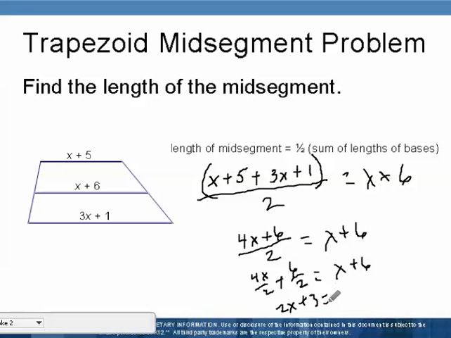And that's equal to x plus 6. I can subtract the x from both sides, and I'll get x plus 3 is equal to 6. And I can subtract the 3 from both sides, and I'll get that x is equal to 3.